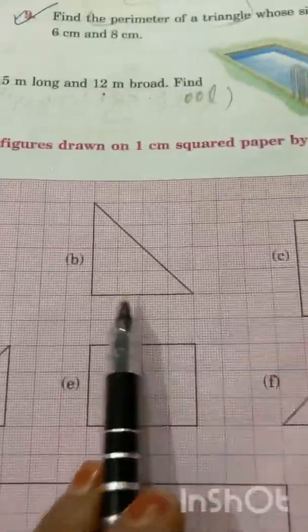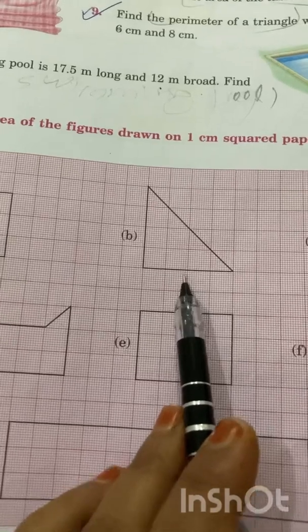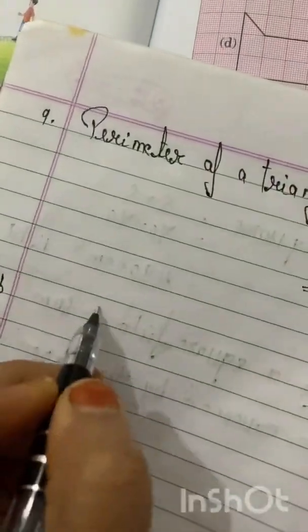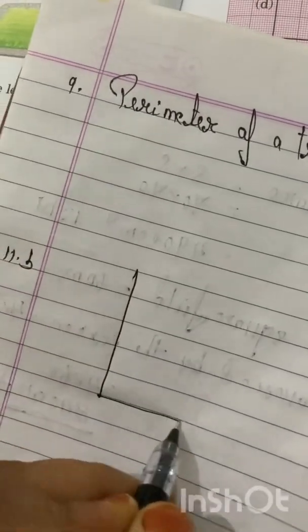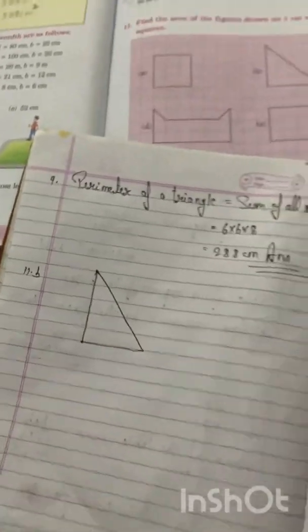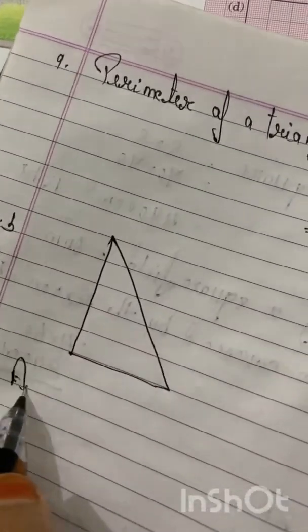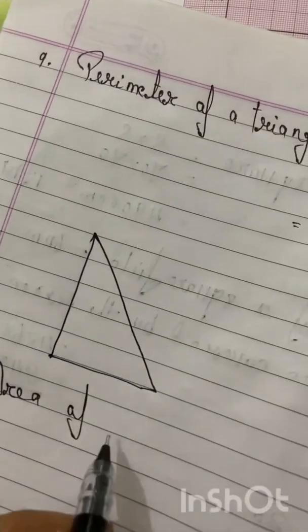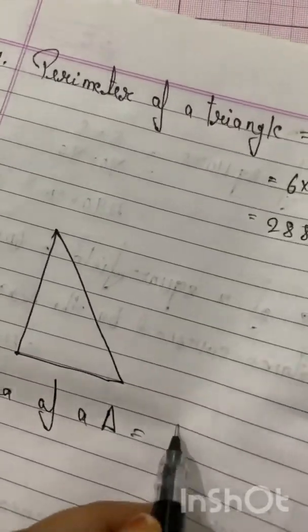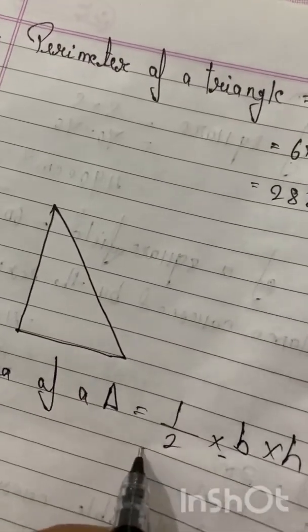Come to the second one. This is a triangle and we have to find out the area of this figure. It's 11B, a triangle. Okay students, what is the formula of the area of a triangle? Area of a triangle is equal to half into B into H. This is the formula we have to use here.